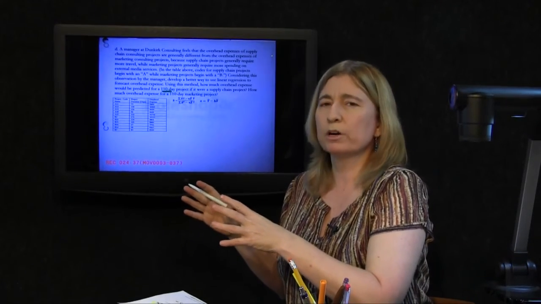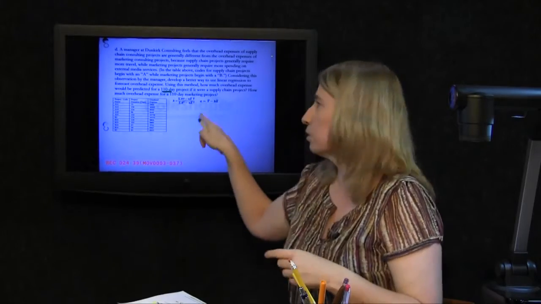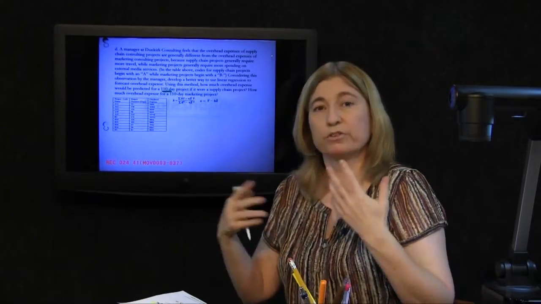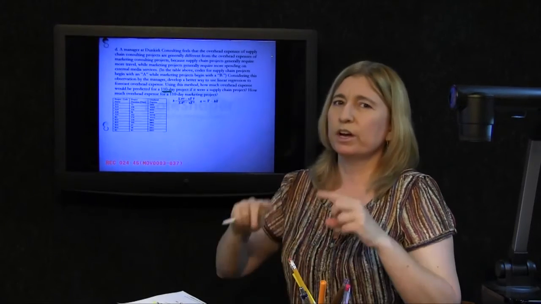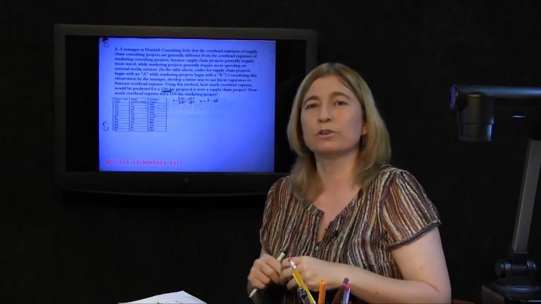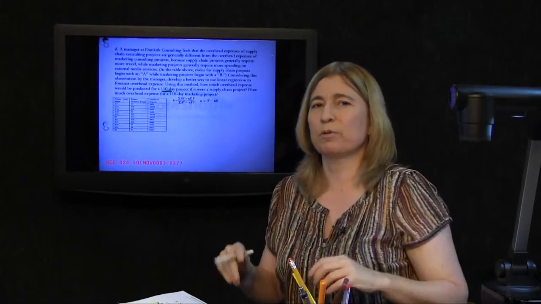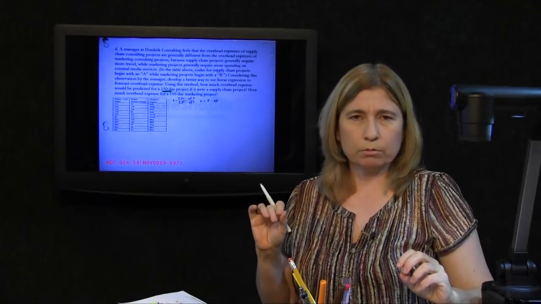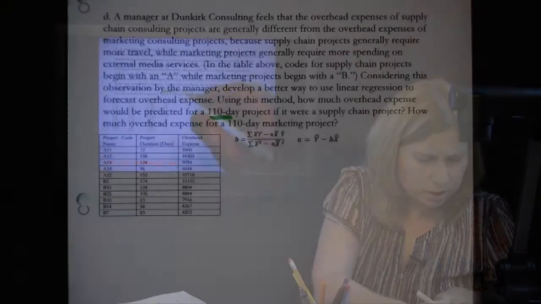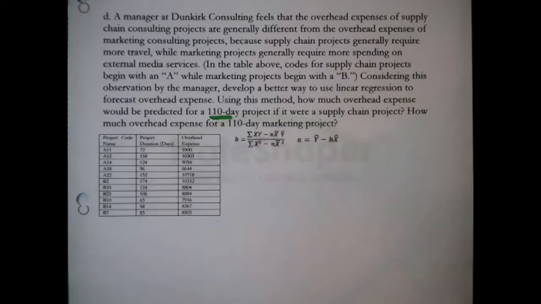So what would be a much better way to use this same tool, the same formulas, to predict overhead expense? You would want to create two separate regression models, one for the supply chain projects and one for the marketing projects. Which means I would basically want to take this data and split it.